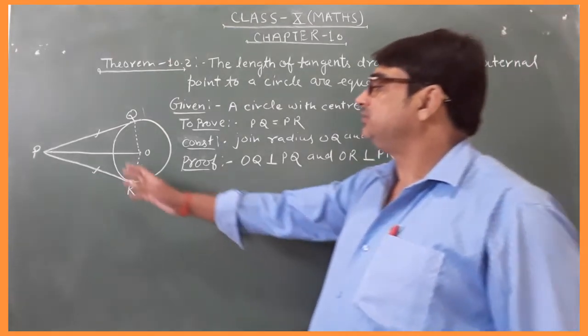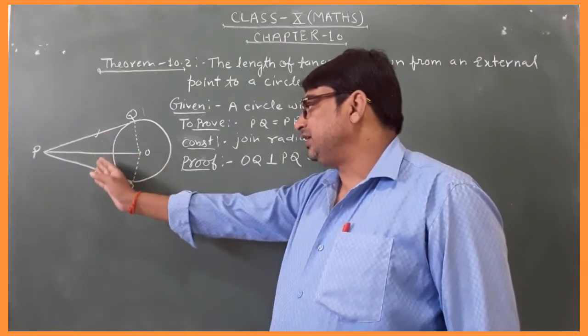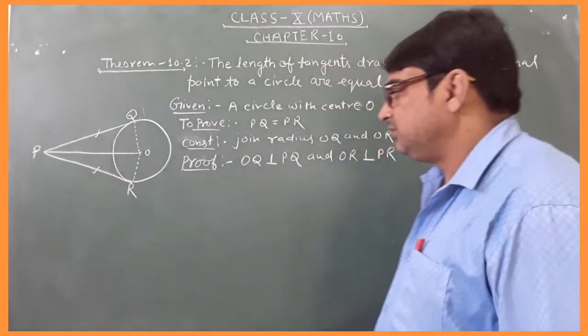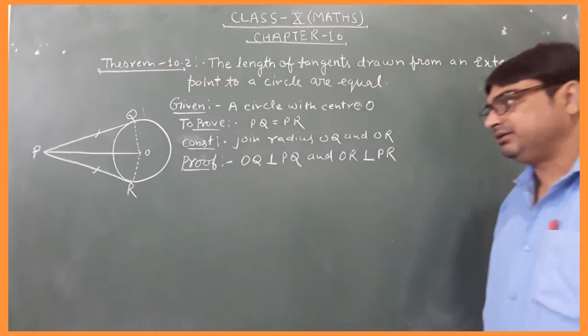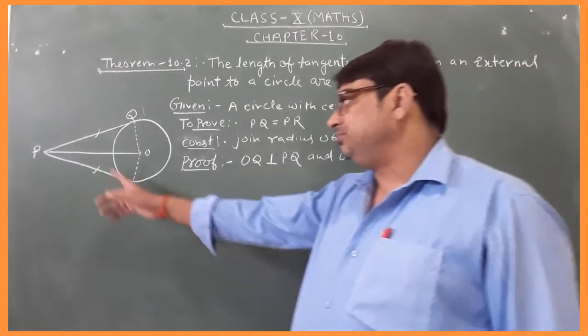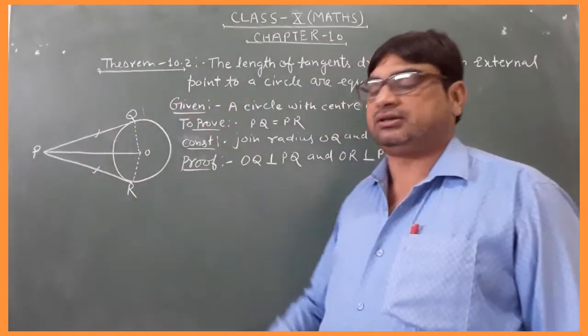Then after, we take both triangles. If both triangles are congruent by CPCT, PQ is equal to PR.